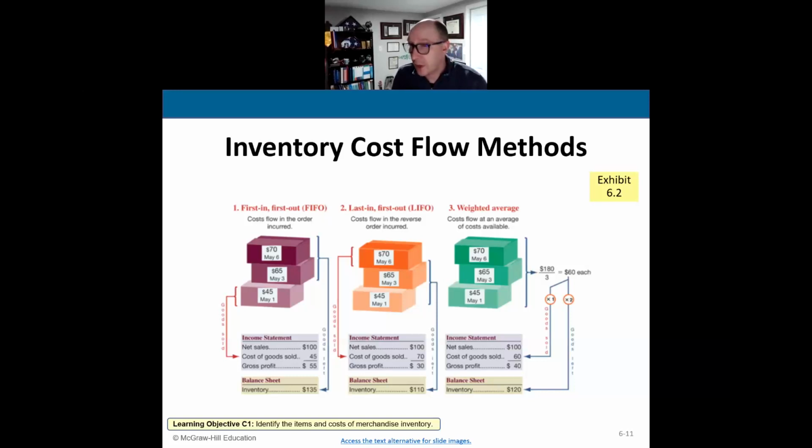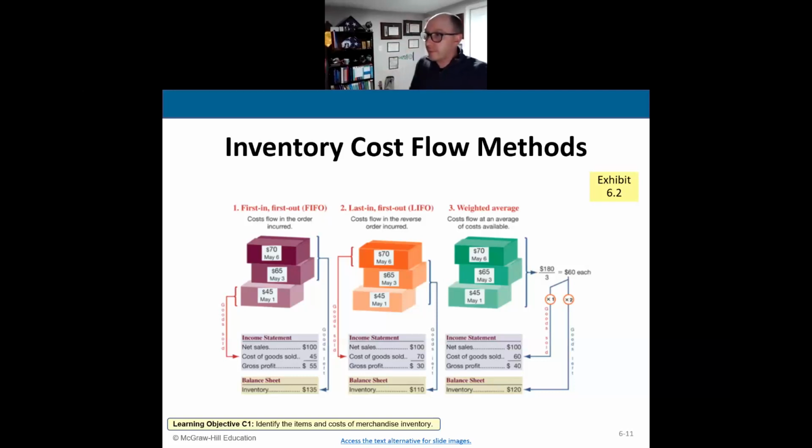Actually, that's a great example. This is a pair of shoes. The company purchased the same pair of shoes for $45 on May 1, then purchased another pair from the vendor for $65, and then on May 6th, purchased another pair from the vendor for $70. They're all the same exact pair. Now, you might be wondering, well, Dr. B, why is the price different for each purchase?